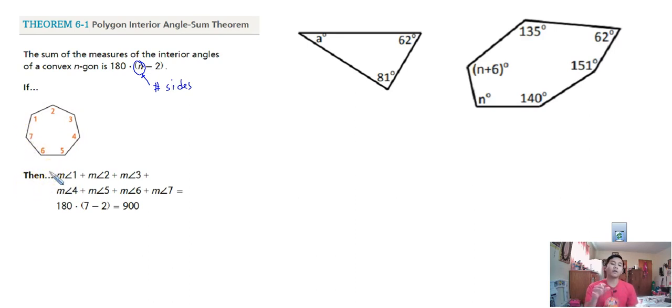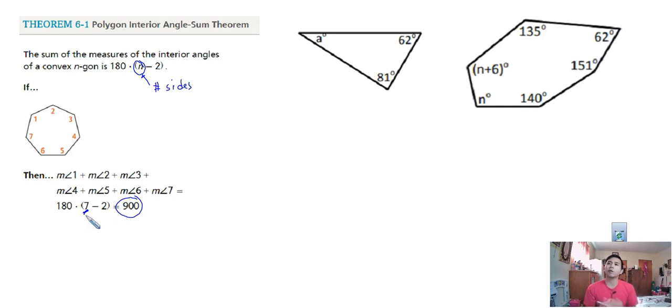Then you add all the angles, which is equivalent to 180 times the number of sides, which is also 7, minus 2. That is 180 times 5, which is 900. Now, let's apply this theorem in these two given examples.